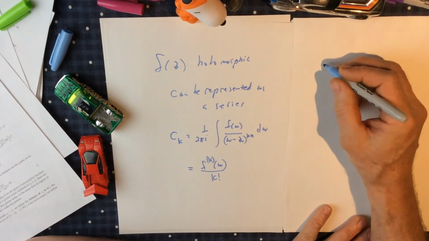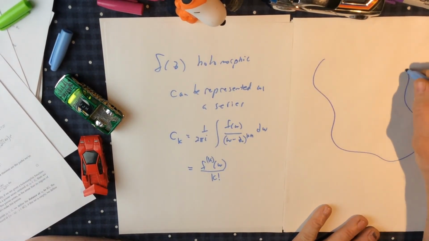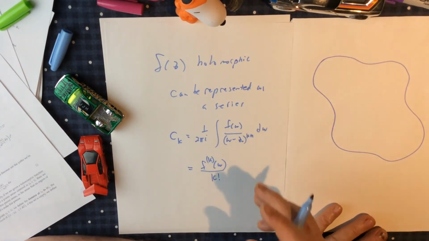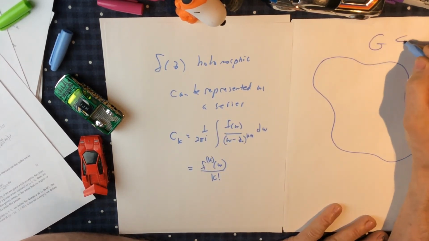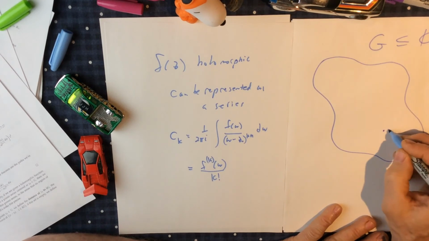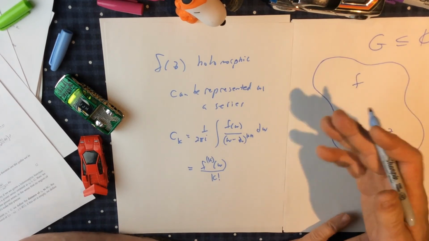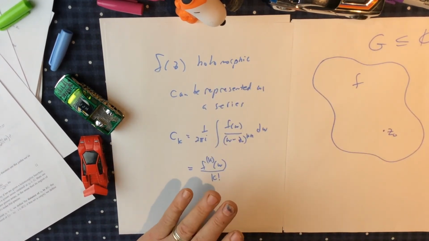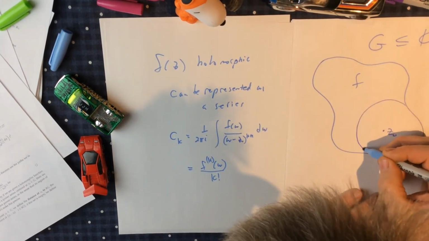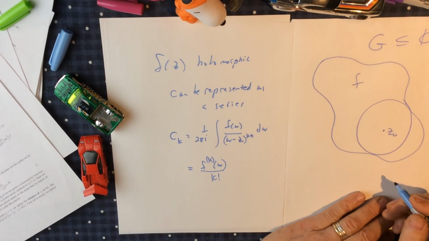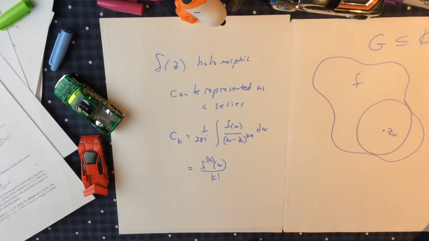But one last important thing that is not at all obvious in the reals, and we're going to discover something really important here. If we have g living inside of the complex plane, and here's some z naught, and we have some function that's holomorphic here, then we just expand the largest possible disk in here to find a representation of the series.